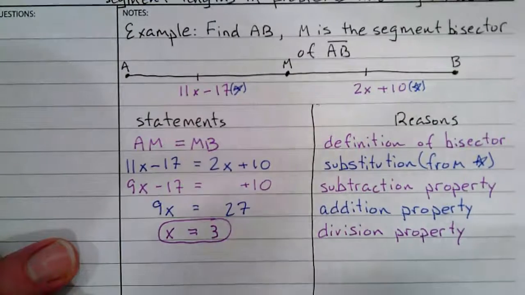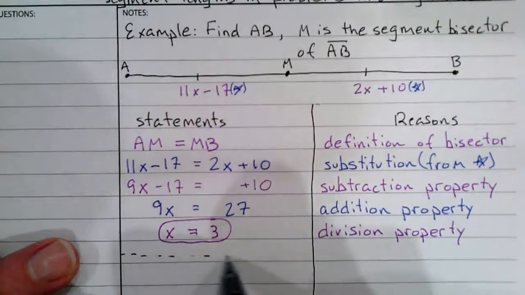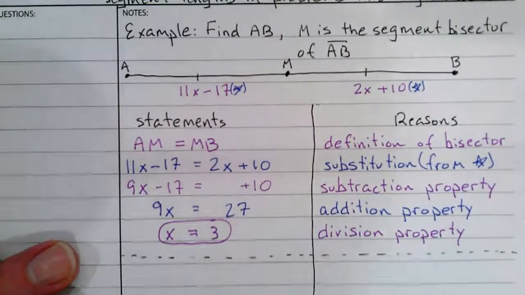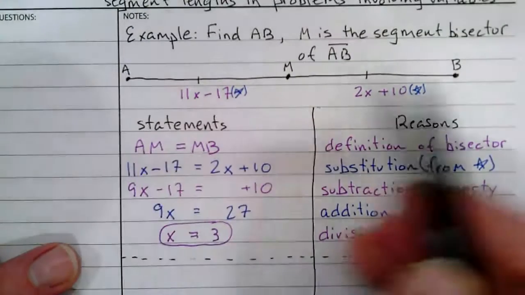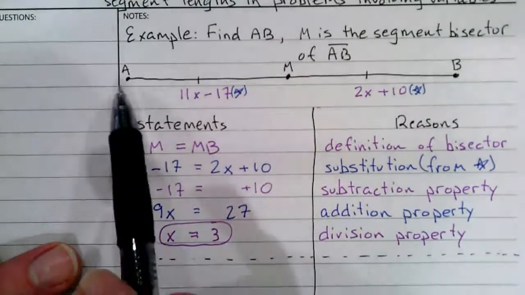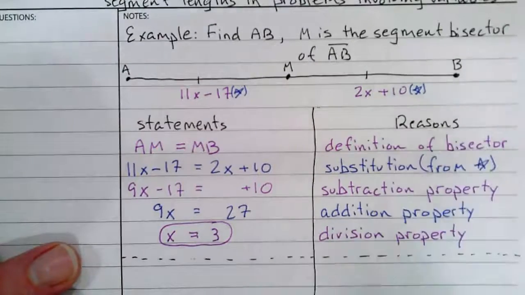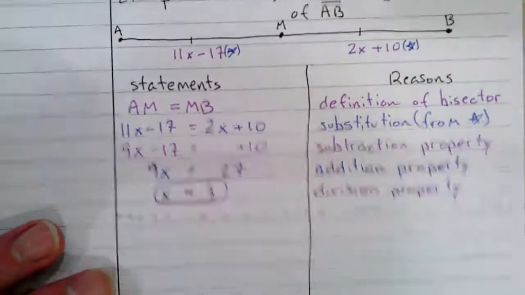This is kind of midway through the problem. We solved for x. Now we're going to go back and find AB. Keep in mind, we could do the same thing to find AM or MB. We just happen to be finding AB this time. So let's take a look here.